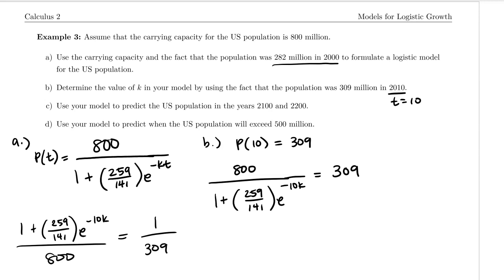I'm going to now multiply both sides by 800. So we get this. And then from here, I can subtract 1 from both sides. Then from here, I'm going to multiply both sides by the reciprocal of 259 over 141.